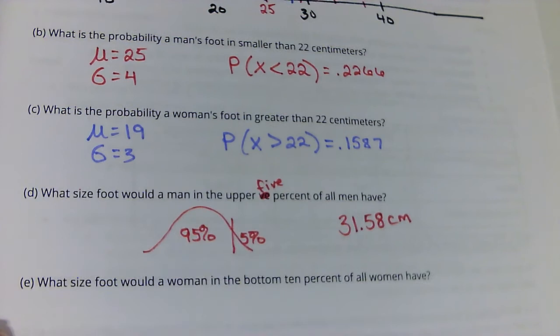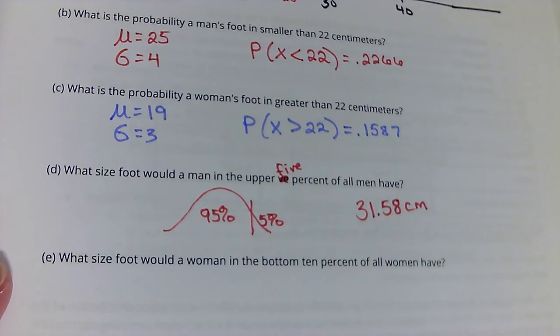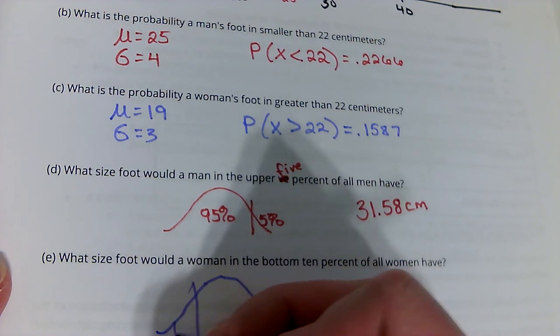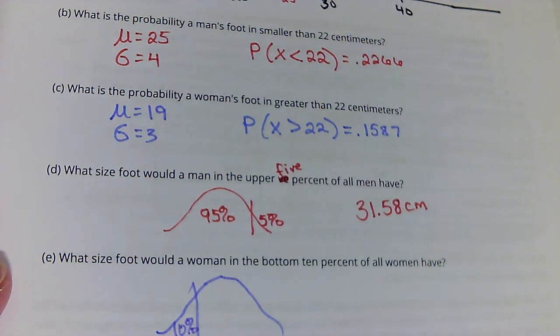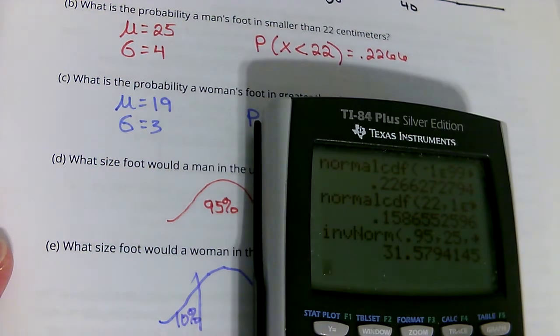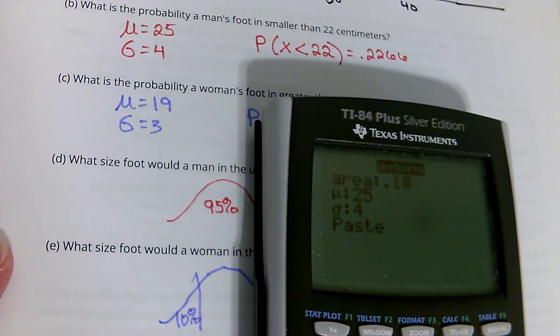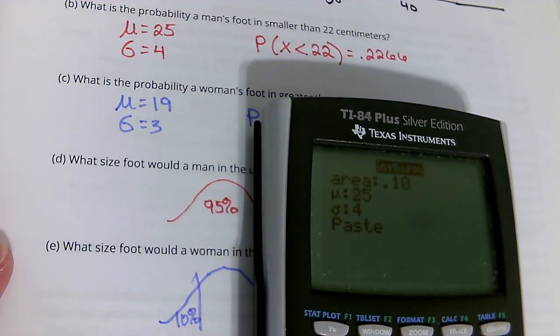That's centimeters. What size foot would a woman in the bottom 10%? Bottom 10% would be 10% here. So inverse norm, 0.10. The average for women was 19.